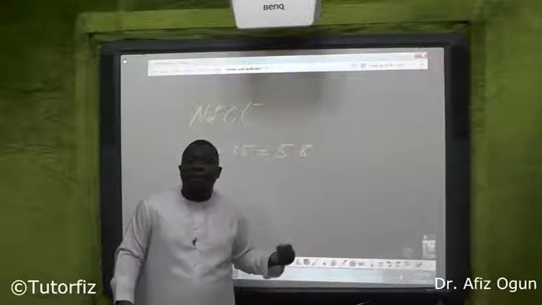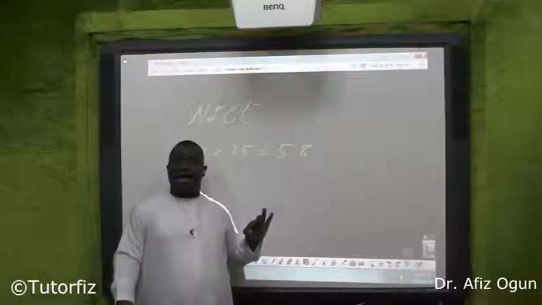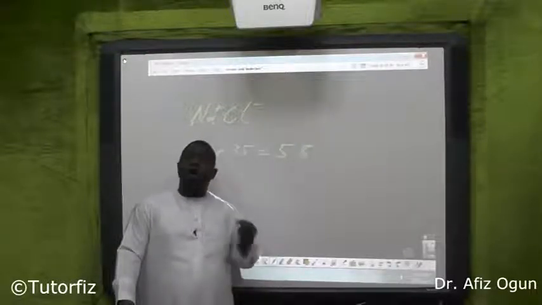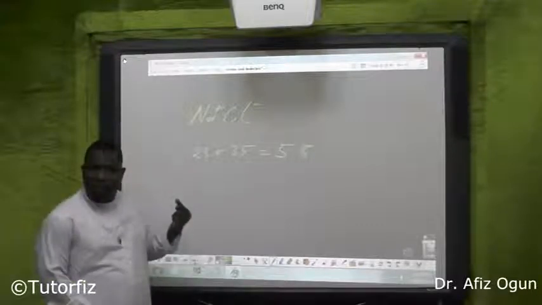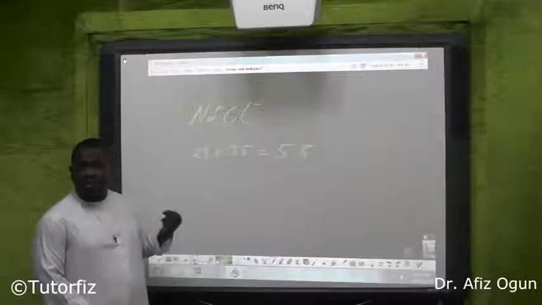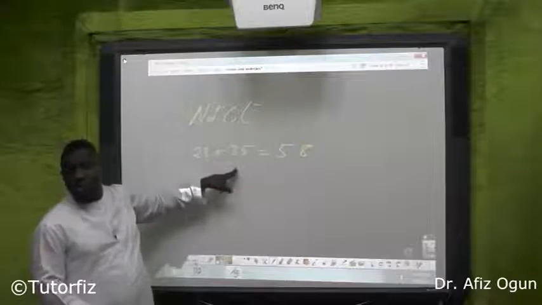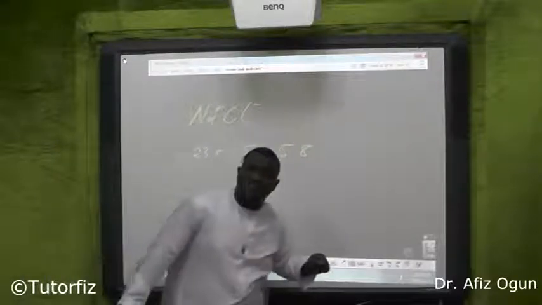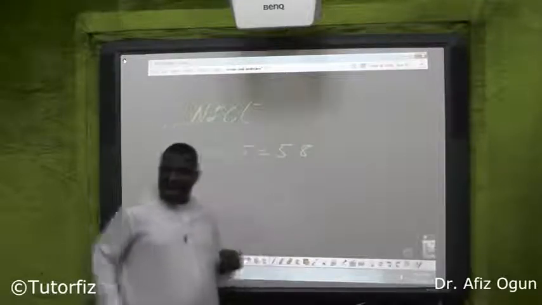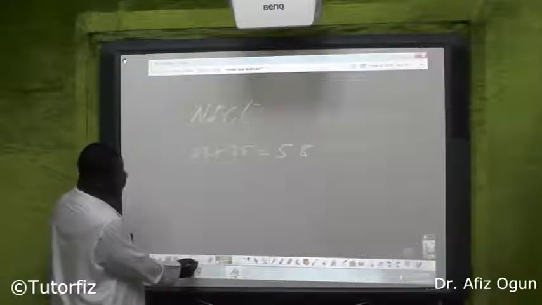So if we are talking about the mass of an atom of the deuterium isotope on a scale where the mass of carbon 12 is 12, then you will be talking about relative isotopic mass.